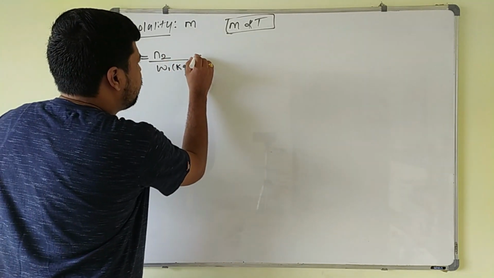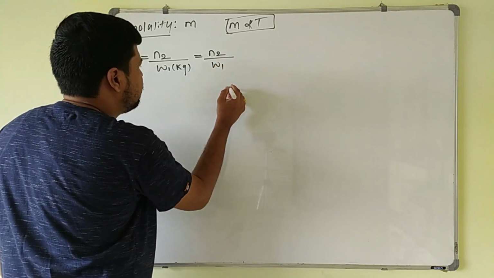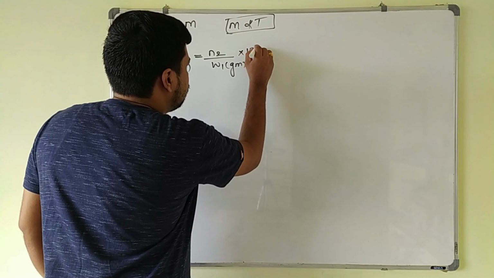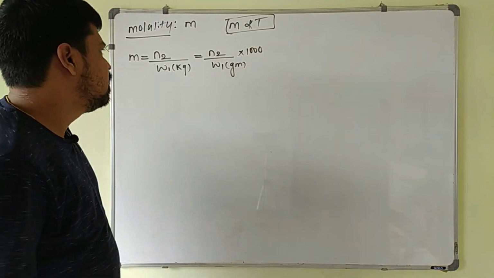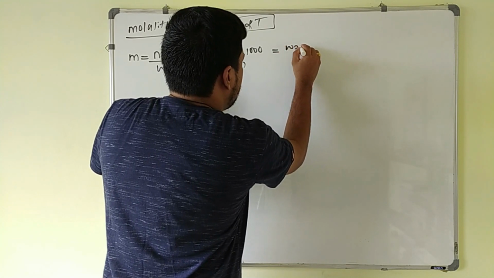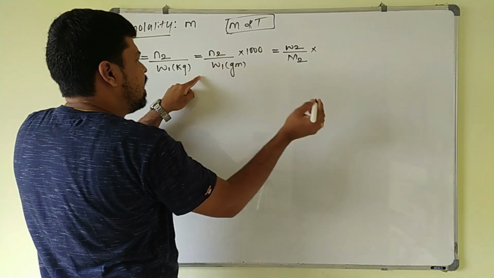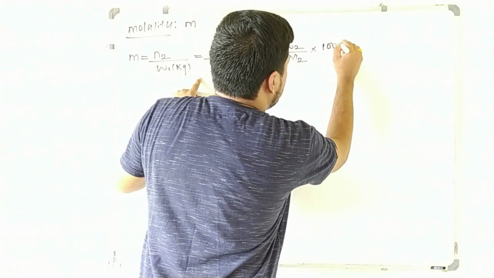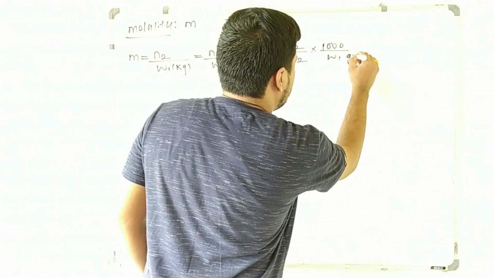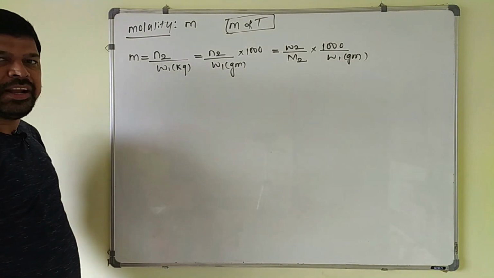If you write it in grams, it is N2 divided by W1 in grams, into 1000. The number of moles of solute is mass by molar mass of the solute, so molality is W2 by M2 into 1000 divided by the mass of the solvent in grams. This is the formula for molality.